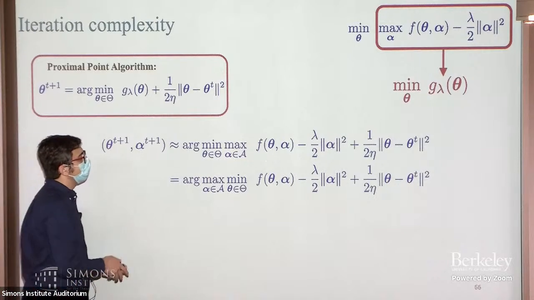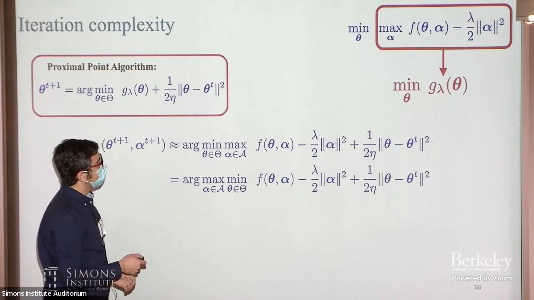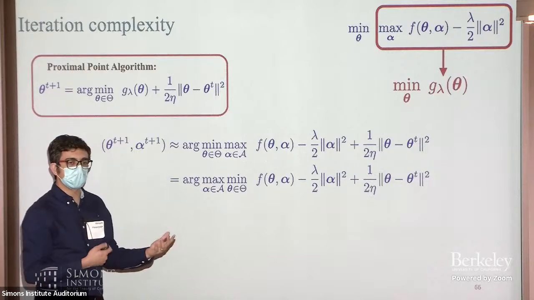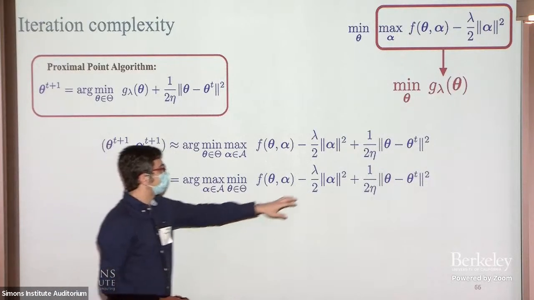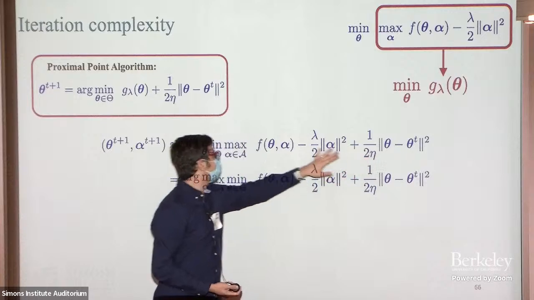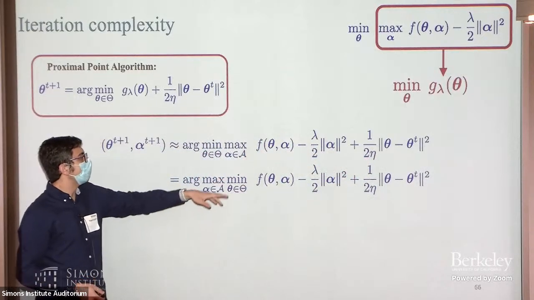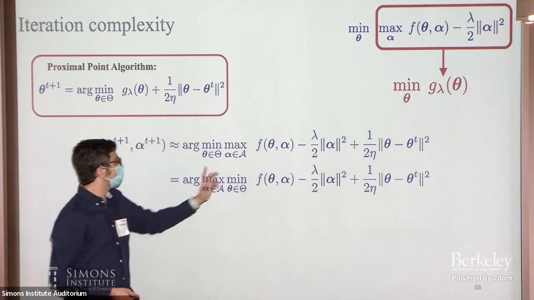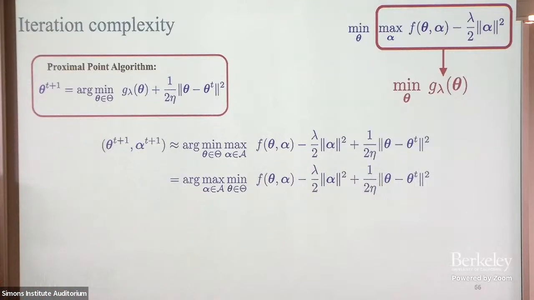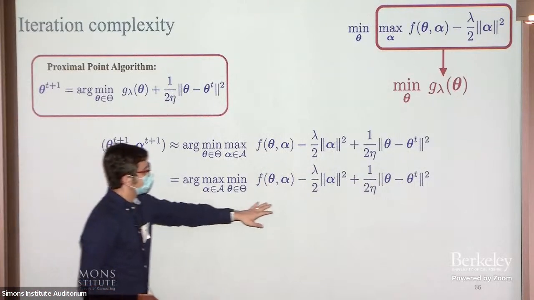But right now this problem is strongly convex, strongly concave, because after you add a regularizer, this becomes strongly convex in theta and strongly concave in alpha. So you can switch min and max, and solve it in this order.